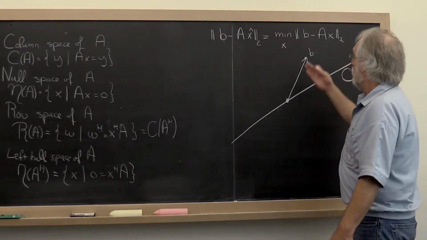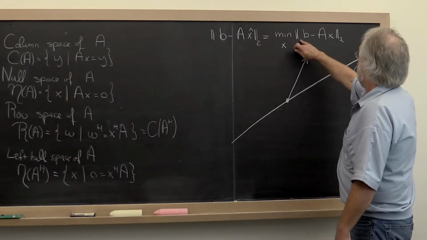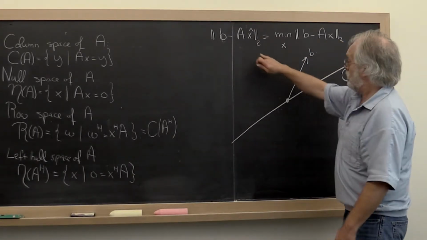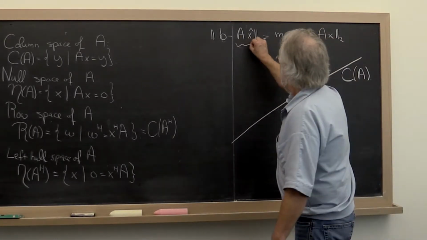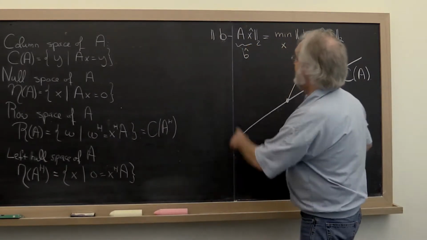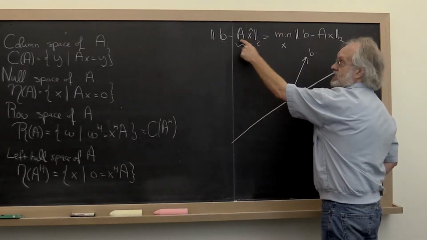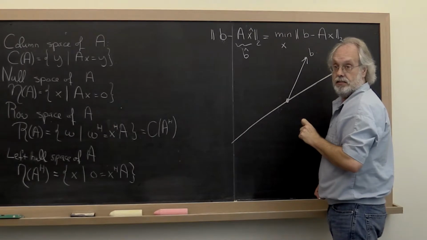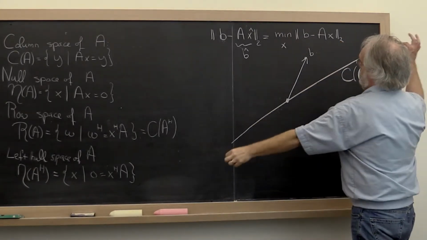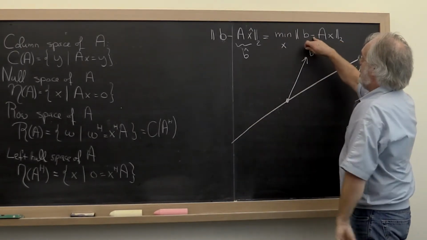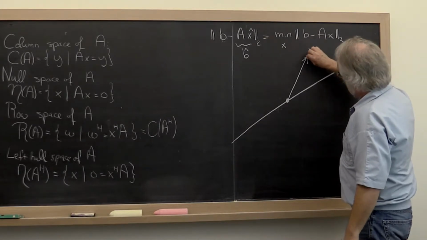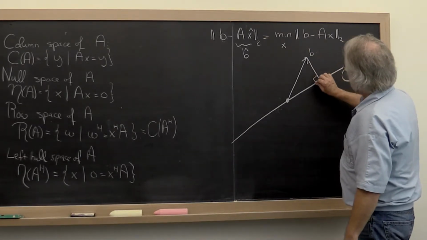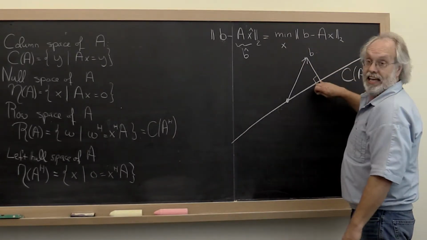All right, so what really is going on here in trying to minimize this, notice that we're looking for a vector b hat that is in the column space because it has to equal A times x hat. So that lives somewhere here, but we're saying that it minimizes the distance between b and that point.